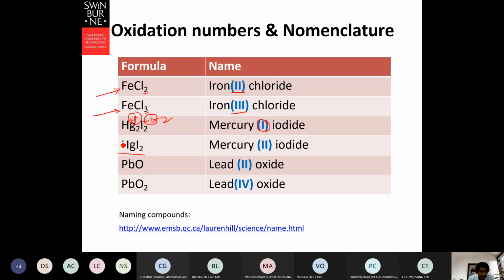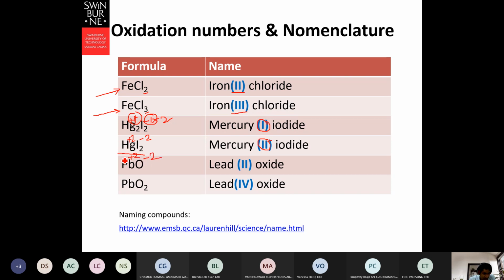But for this case, mercury and 2 iodine is there. So 2 iodine means 2 negative charge. Mercury 1 is there, so 1 means 2 positive charge. So positive and negative, and that is why it is mercury 2 iodide. Lead oxide, again, lead is positive 2 and oxygen is negative 2.